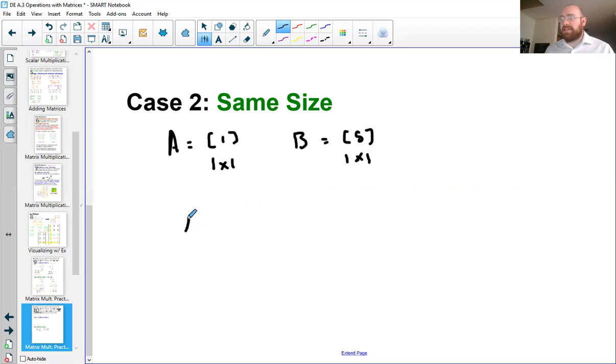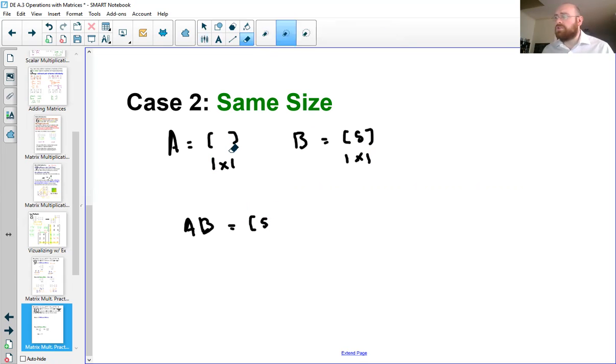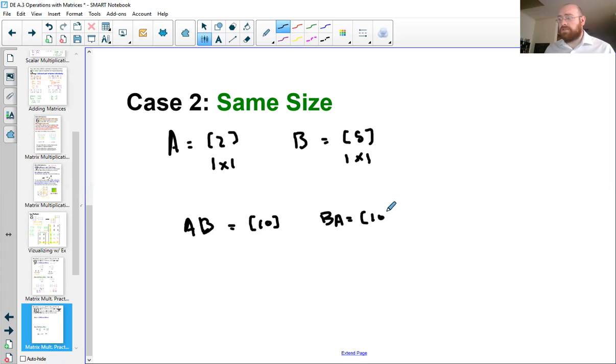When we multiply A times B, it's the 1-by-1 matrix 5. Actually, that's kind of a boring example. So instead of this being 1, let's make it 2. That'll make it interesting. 2 and 5 are interesting numbers. So 2 times 5 is 10. And BA is also going to be 10.